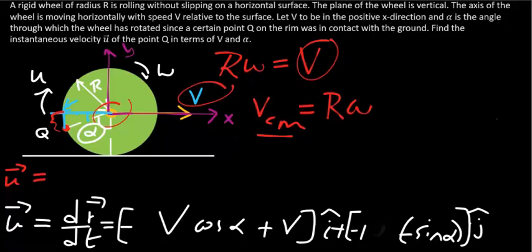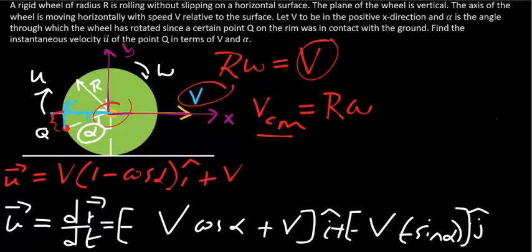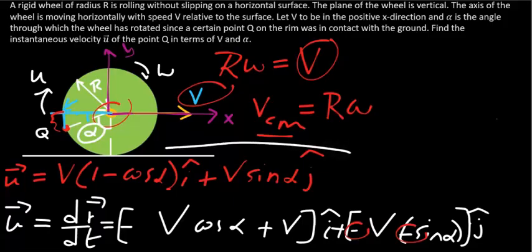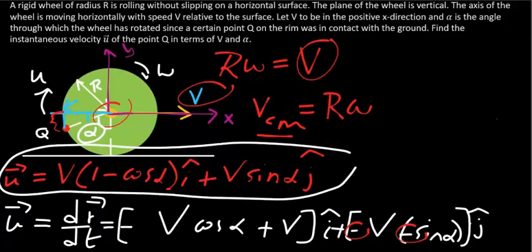The same thing can be done here. So we can rewrite the expression for u in the following manner: v(1 minus cosine alpha) i hat plus v sine alpha j hat. Note this minus will kill that minus. So that is the final answer to this problem.